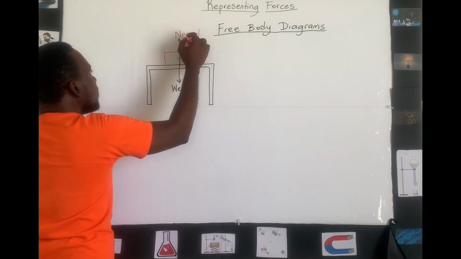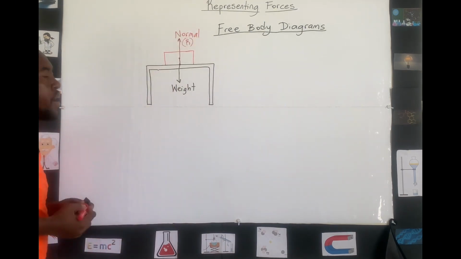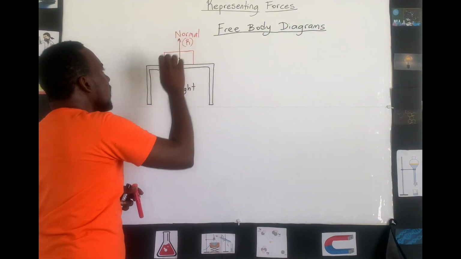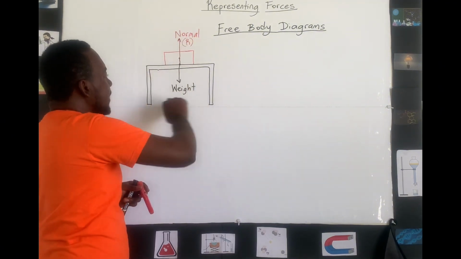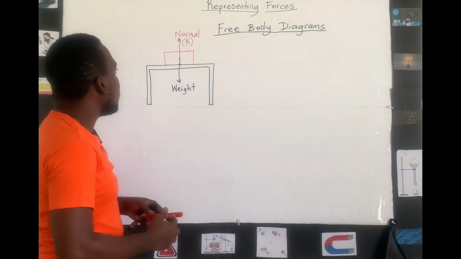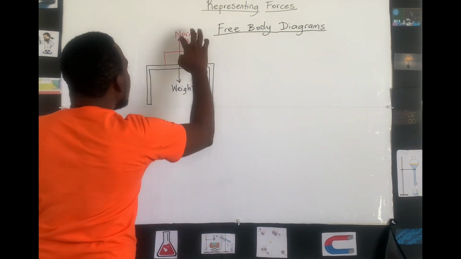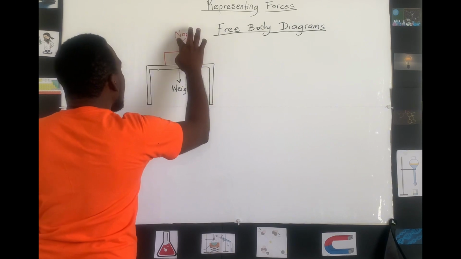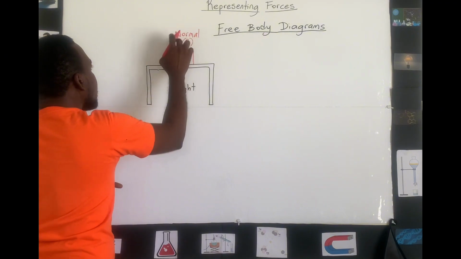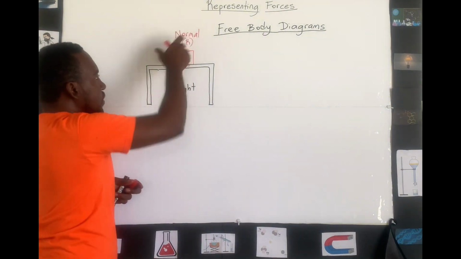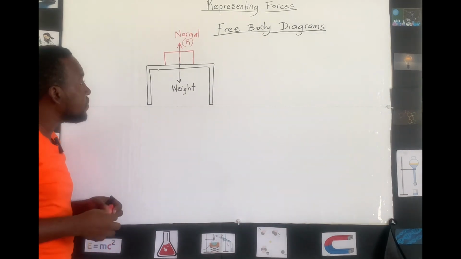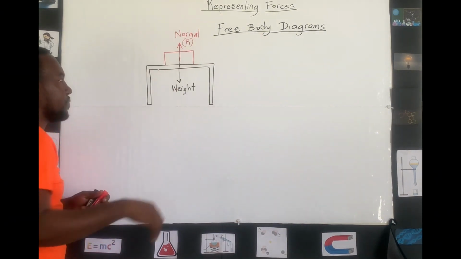And from now on, the normal force will be represented by an R. The R, because the resultant force is R, because of the result of this weight action that we get the normal force being active. So we notice the length of these two forces must be the same, right? Because this force is equal to this force. Now that's the two forces that are acting. Reason being the book is not moving, right?